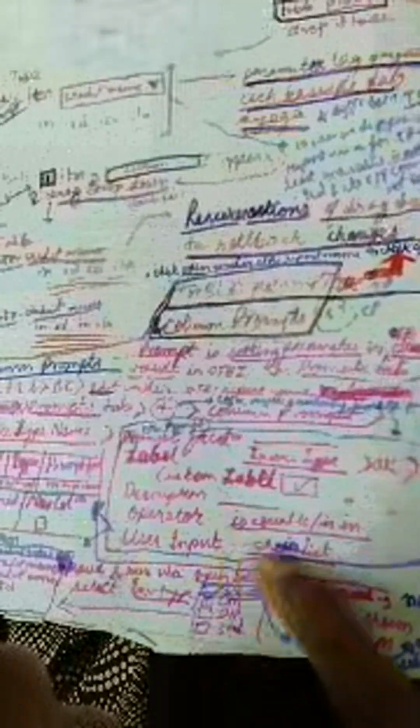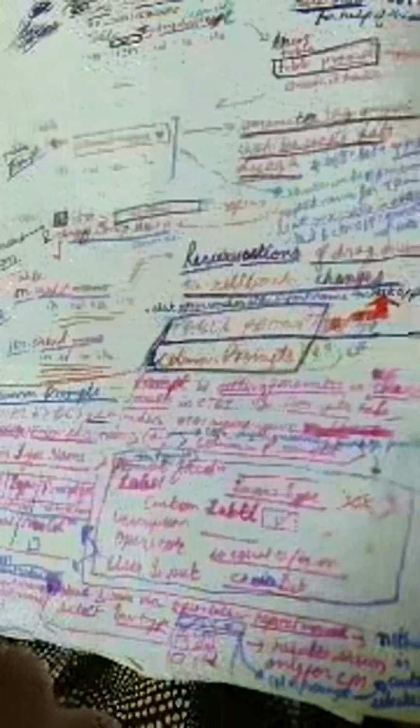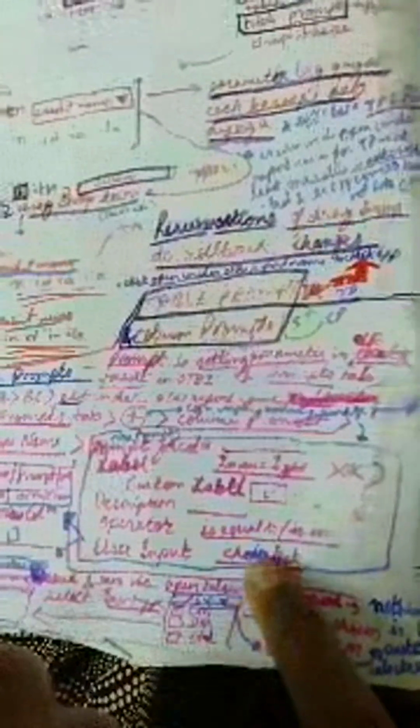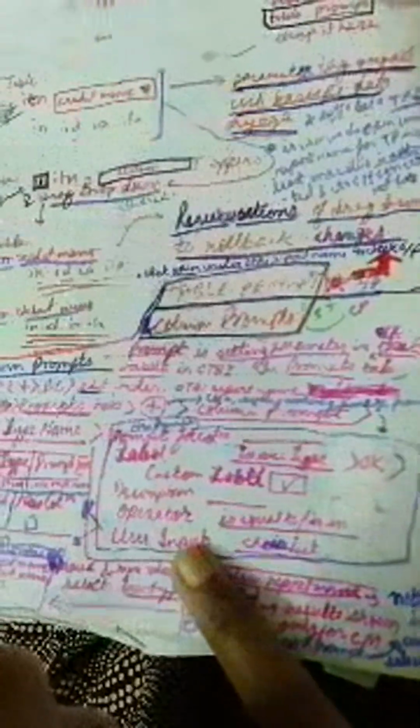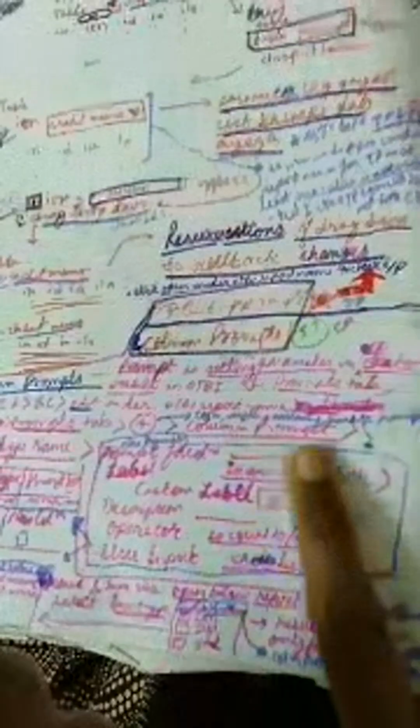Then the user input is choice list. So what kind of input can the user enter: is it an LOV, is it a choice list, or is it text? What kind of input can the user select? This is for the column prompt.